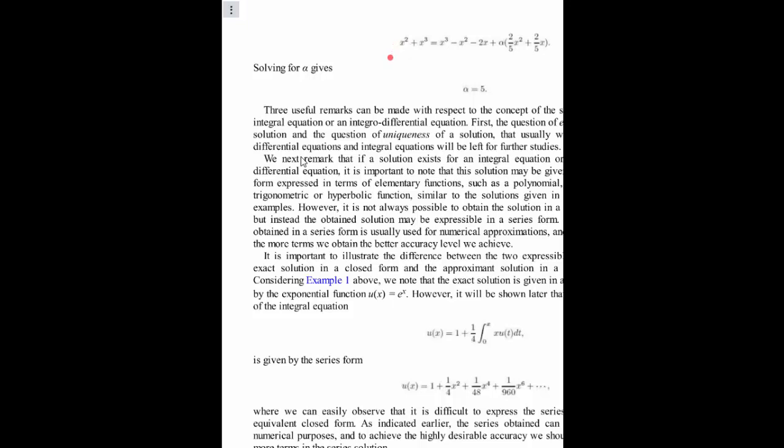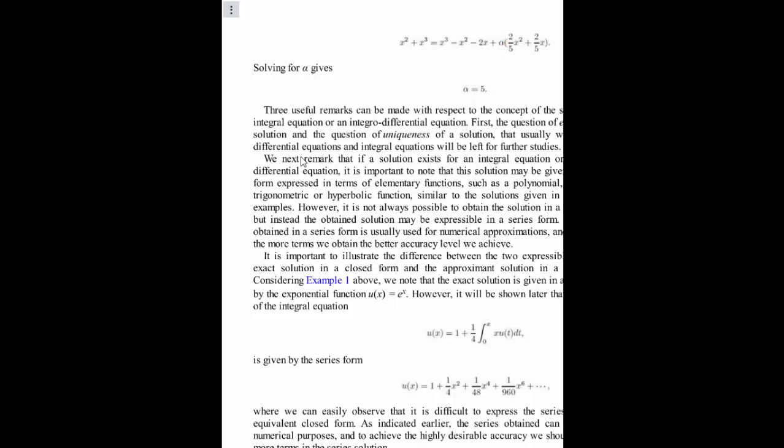So when you have in the left side x squared with coefficient 1, you have to have the same expression in the right side. For example, the coefficient of x squared in the right side is -1 plus alpha times 2/5.